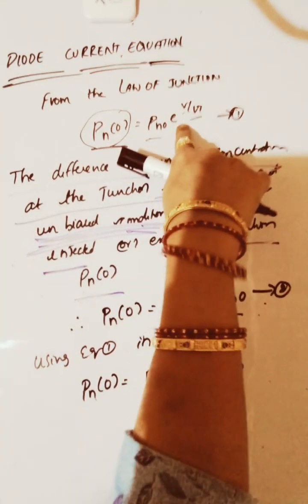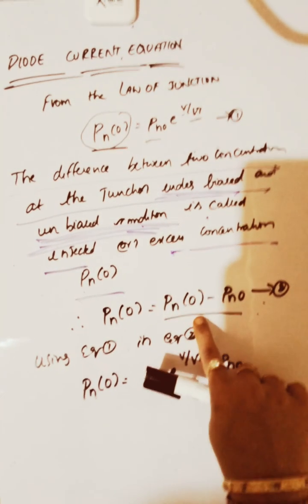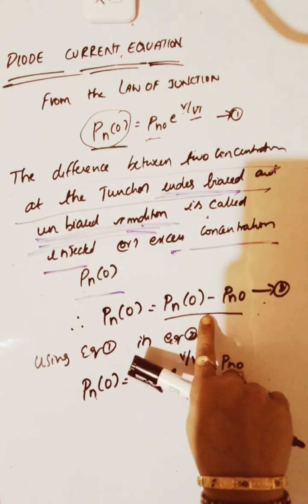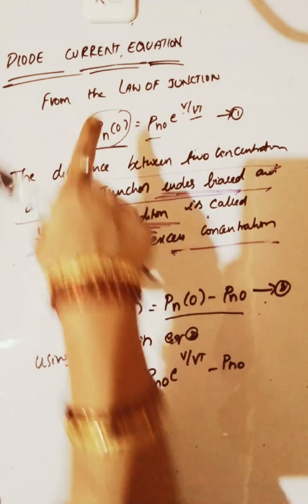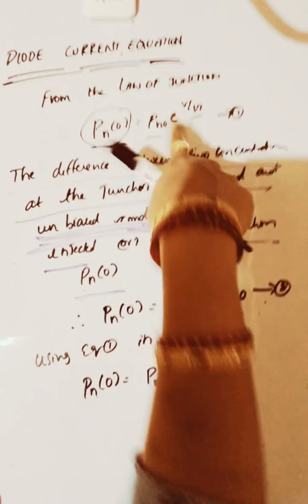Now I am substituting this equation in this one. Pn(0) in this place I am writing as Pn0 e to the power of V by Vt.